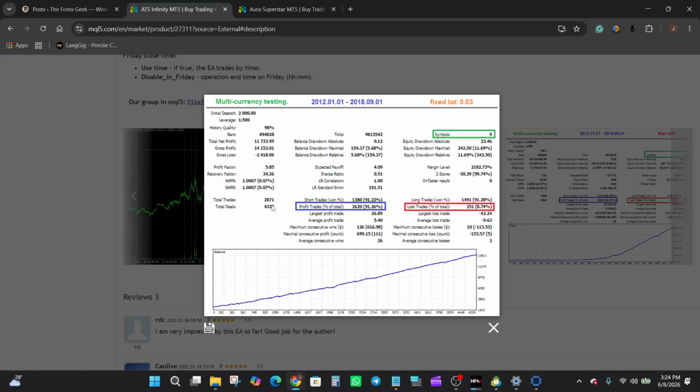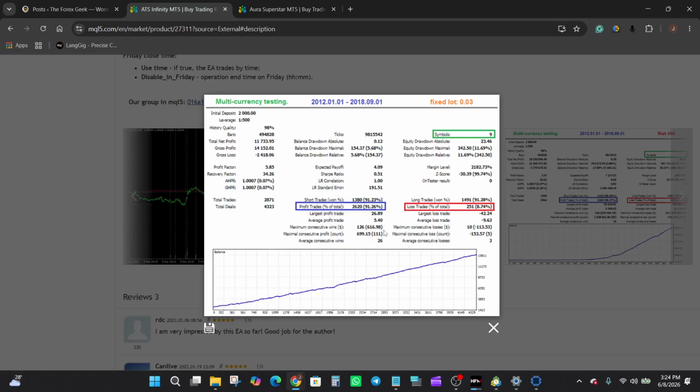Short trades were 1,380 with 91.23% win rate. Long trades were 1,491 with 91.28% win rate. The largest profit was 26.89. Largest loss 42.24. The average profit was 5.4 and the average loss was 9.63.